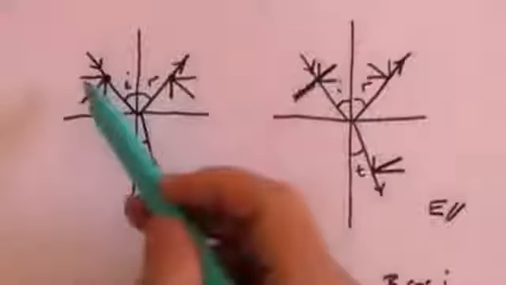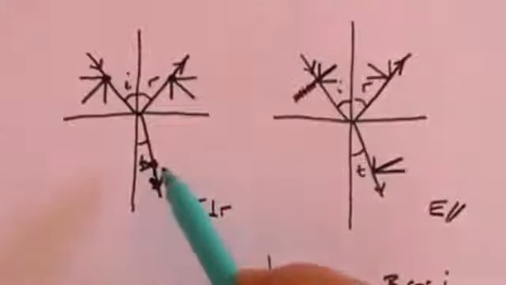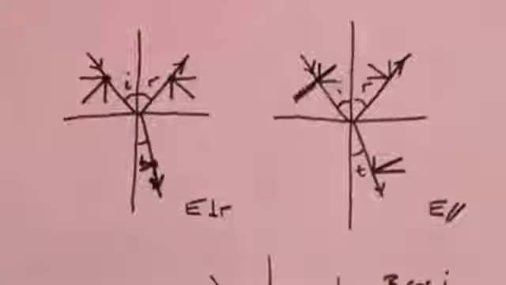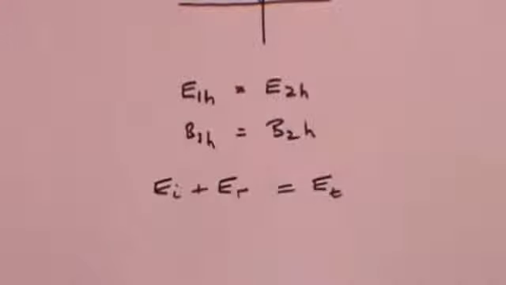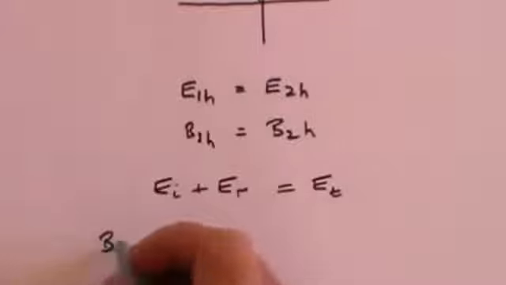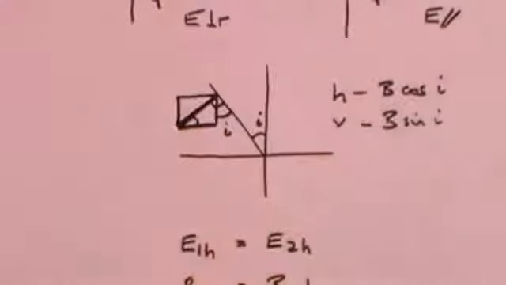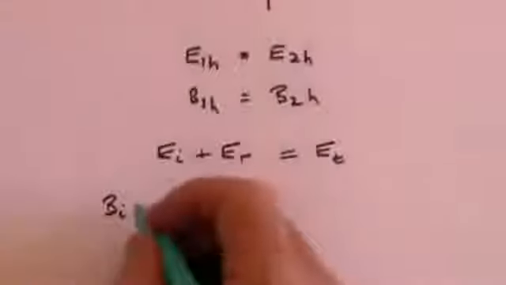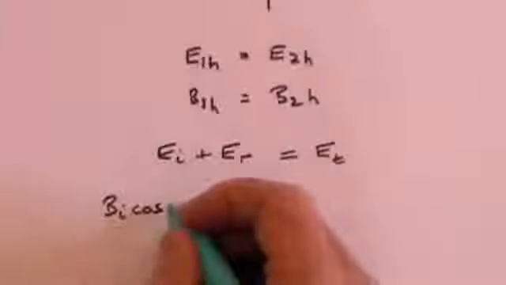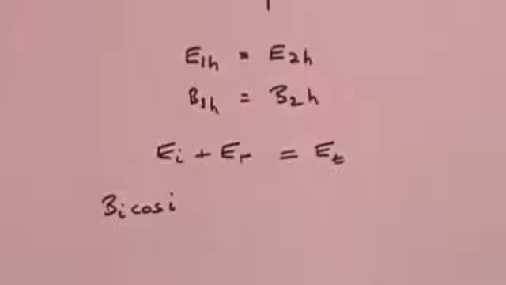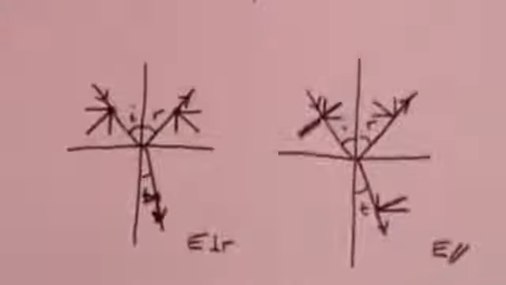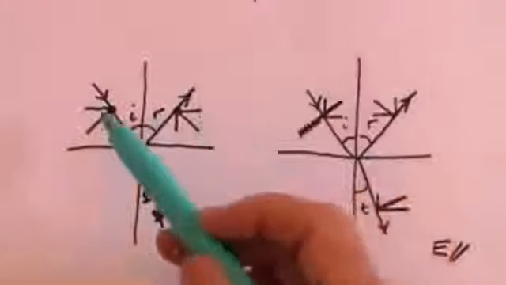But we can also look in diagram number 1 at the horizontal B fields. They are also parallel to this boundary, so they will also transmit across. Now, what are they? Well, we've got the incident B field. Don't forget we established that the horizontal component is the B field times the cosine of the angle. So this will be BI, the incident B field, times the cosine of the angle I. Then you will have to take minus the reflected B field because it's in the opposite direction.